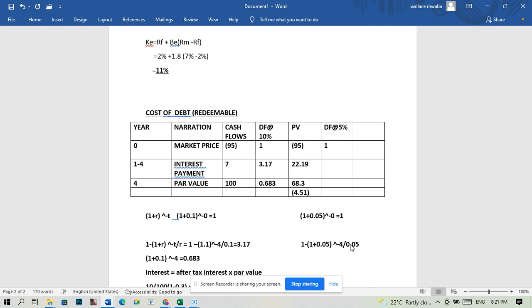3.54. I don't know if it's correct. Anyone to confirm? Okay, we'll go with 3.54.